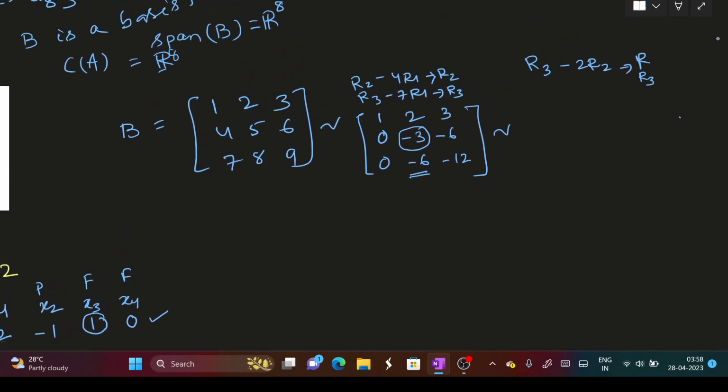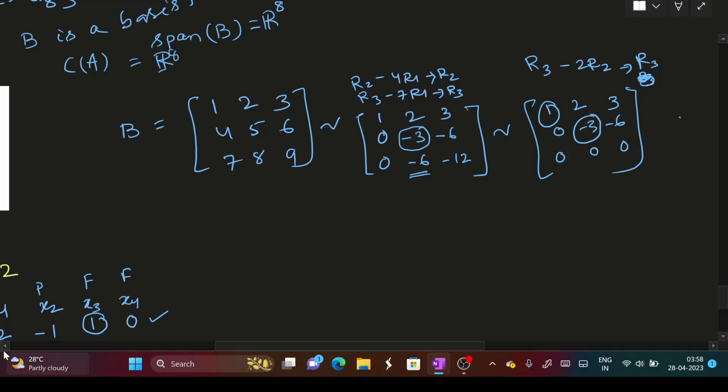Okay. So now the new matrix is 1, 2, 3, 0, minus 3, minus 6, 0, 0, 0. So I have only 2 pivots. So that means rank is 2.